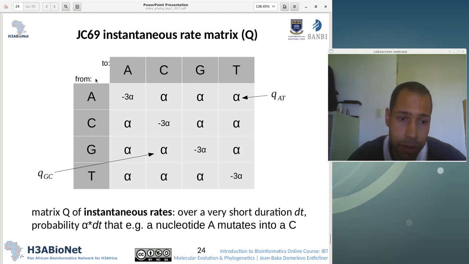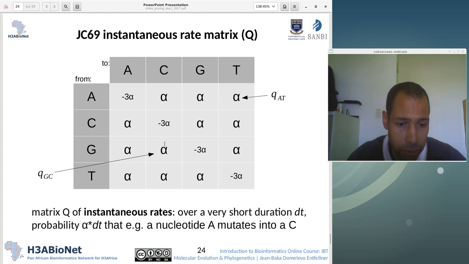Here you see it's a matrix of 4 by 4, because you have 4 nucleotides, and the alphabet is ACGT. The rows denote substitutions from a single nucleotide, and the columns are substitutions to a certain nucleotide. So it reads this way.